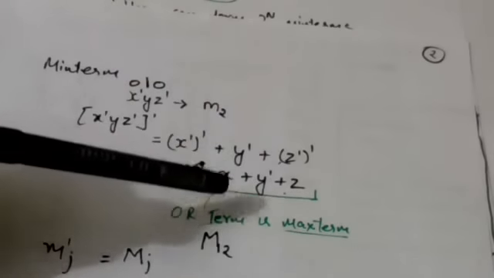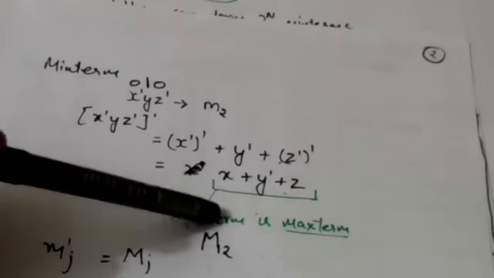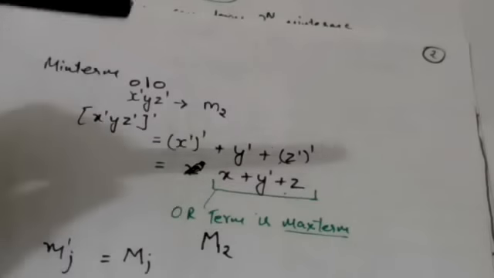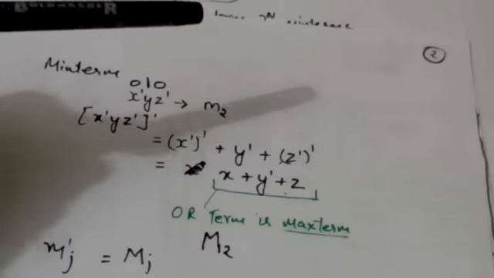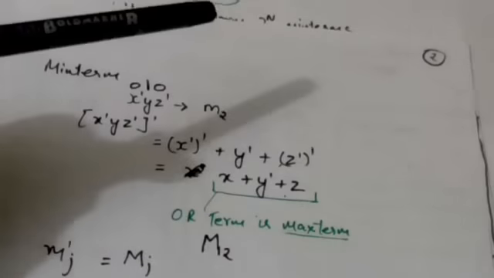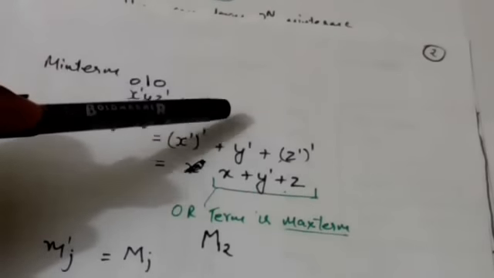This maxterm is denoted by capital M2. Why? Because this maxterm is the complement of the minterm small m whose subscript is 2.